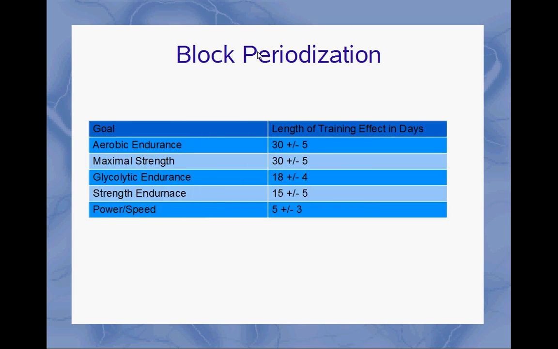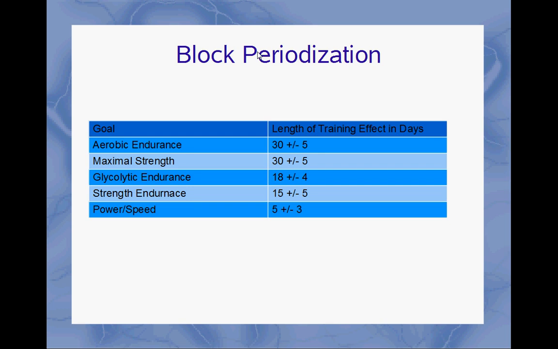So way back in the days, the Russians decided to test out the effects of concentrated loading and how long the gains or improvements lasted once they ceased training for that specific goal. And on this chart we see here that the Soviets found aerobic endurance lasted 30 days plus or minus 5 days, so anywhere from 25 to 35 days after they ceased aerobic exercise.